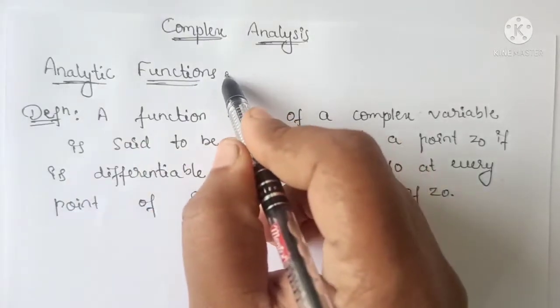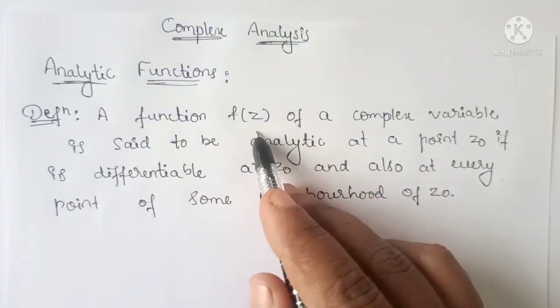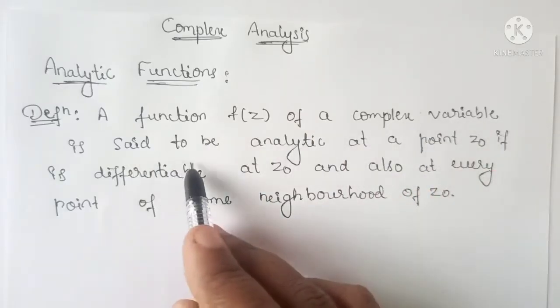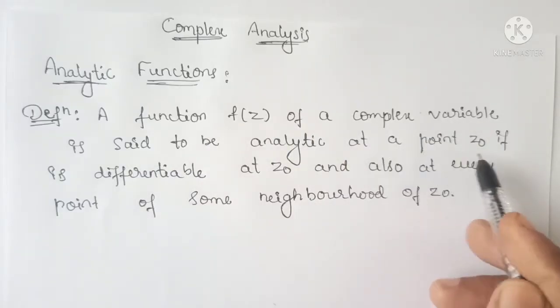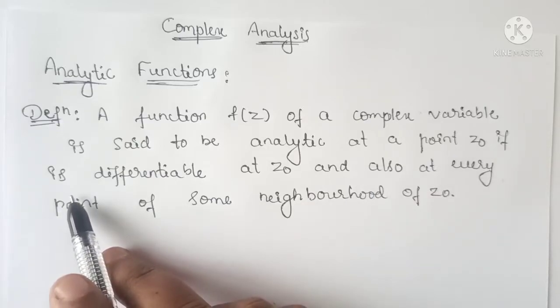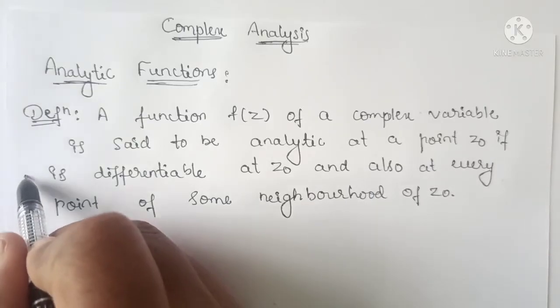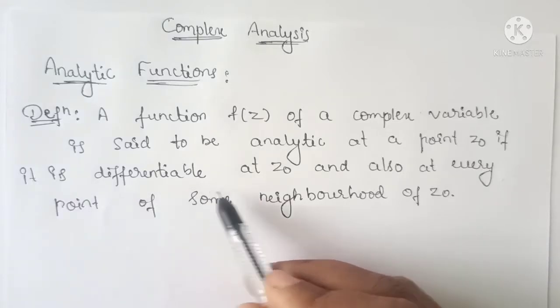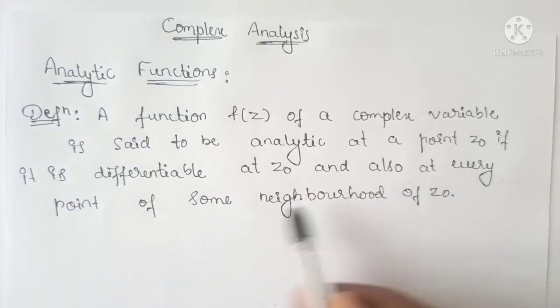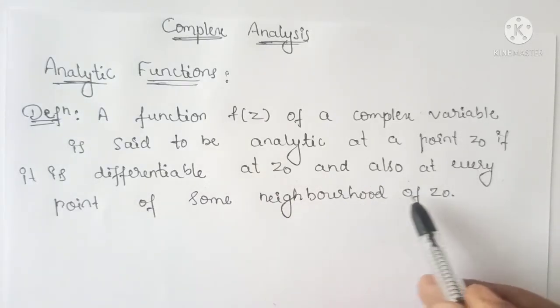So the definition of this one is: a function f of z of a complex variable is said to be analytic at a point z0 if it is differentiable at z0 and also at every point of some neighborhood of z0.